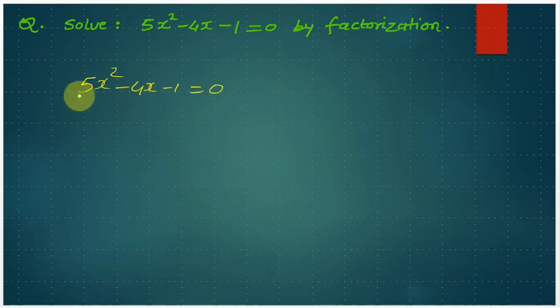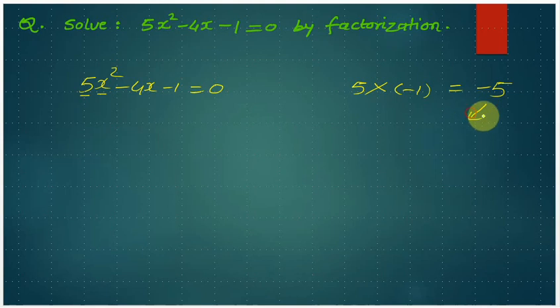Now check the coefficient of x square, that is 5. This is multiplied with the constant term minus 1 and this becomes minus 5. Now factorize minus 5 in such a way that we can add or subtract these values to get the middle term, that is minus 4.